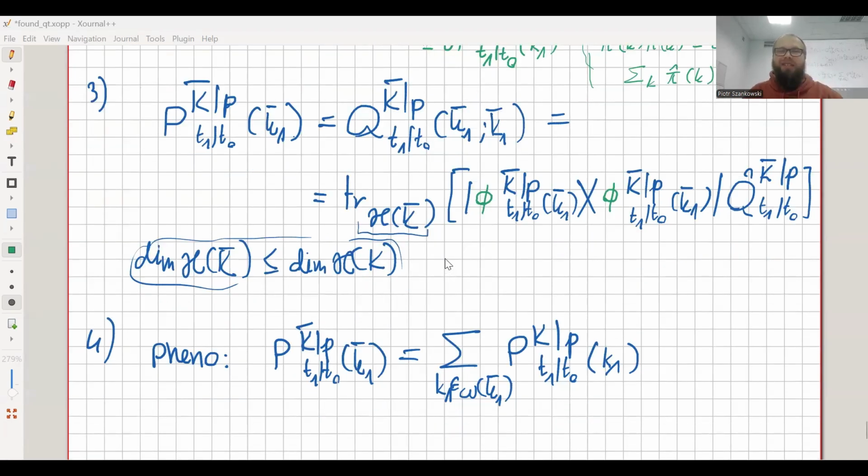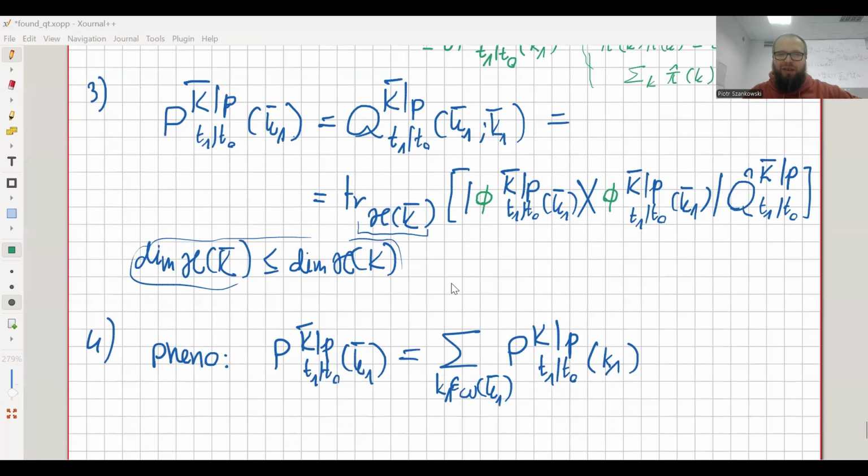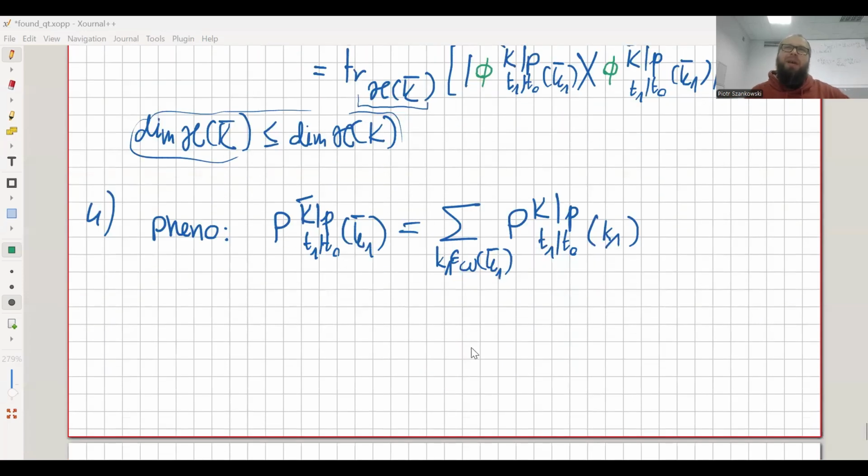So that's one observation. Now there is another thing we can tie together, because we have phenomenology. We know from phenomenology that when you do the measurement with a coarse-grained device, only a single measurement, this probability decomposes into a sum of classical-like behavior with probabilities of fine-grained measurements. This works for the very last measurement.